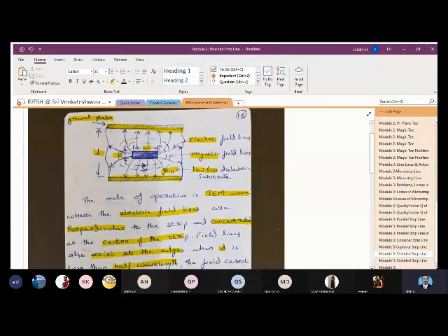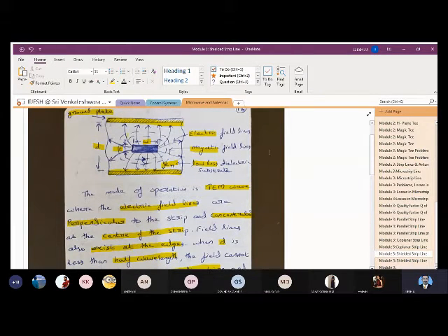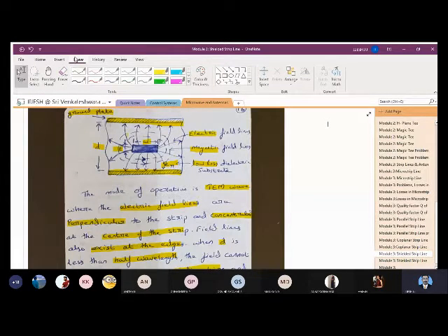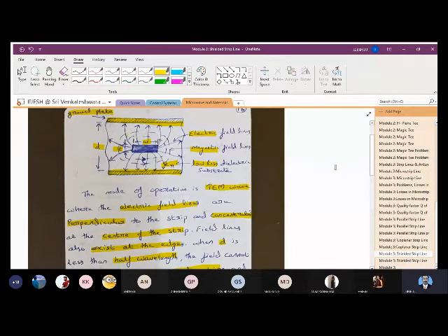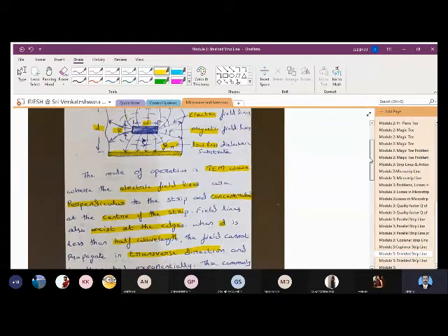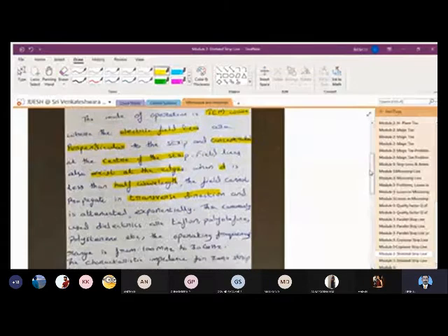In all the previous cases we said it is quasi TEM mode of operation, but in this case we call it TEM mode of operation. All these things we have been discussing in the previous class.